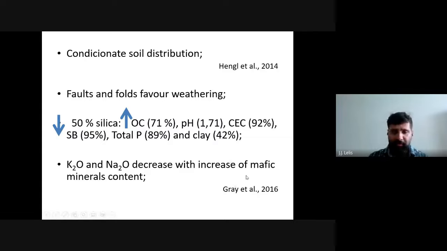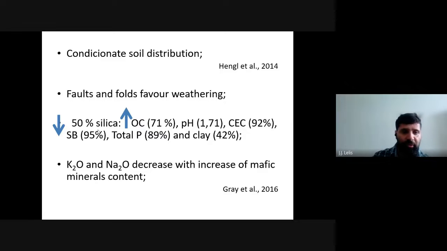This study that was published in 2006 is quite important because these authors measured the relation of different parent materials and how they influence soil properties.